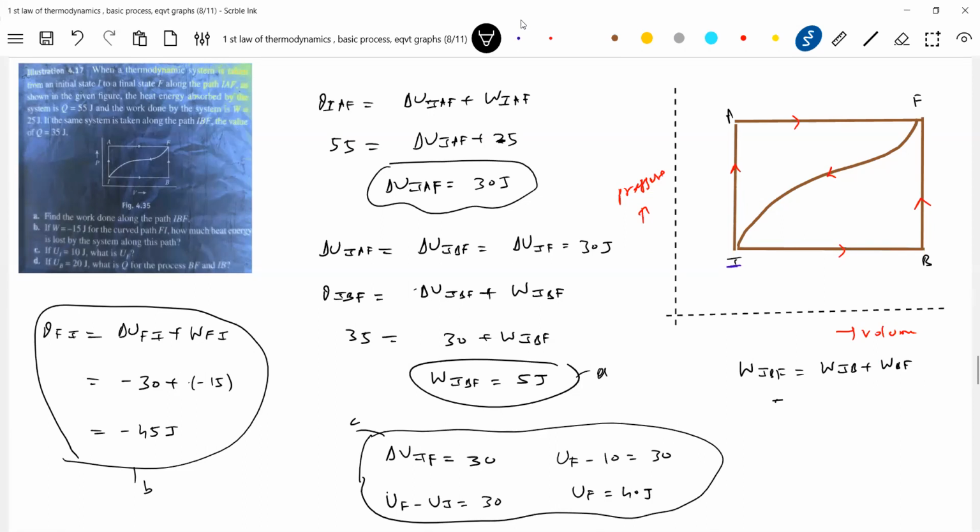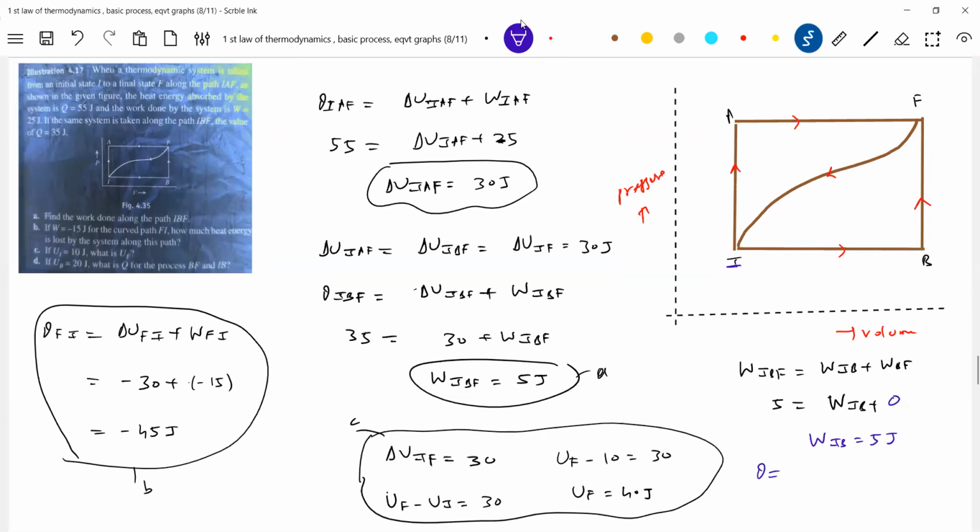What is W_IBF? 5. W_IB we don't know. What is W_BF? Anybody looking at the graph? Volume is constant, so it should be 0. So W_IB equal to 5 joules.